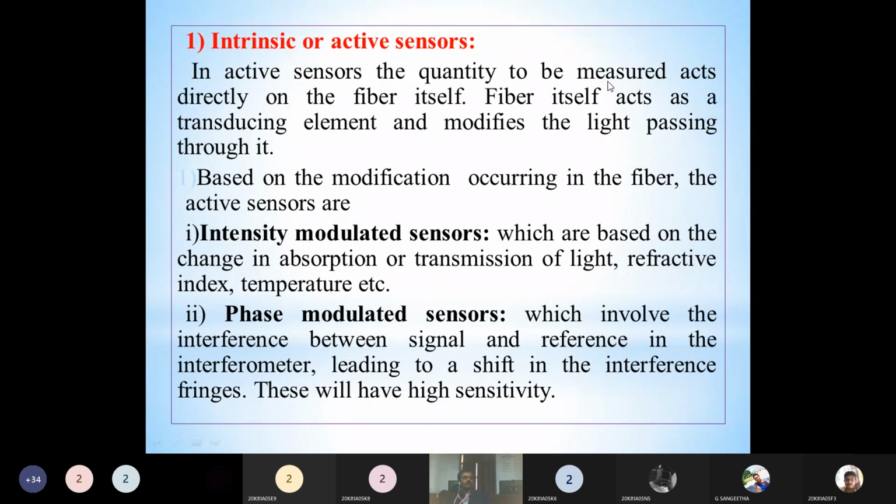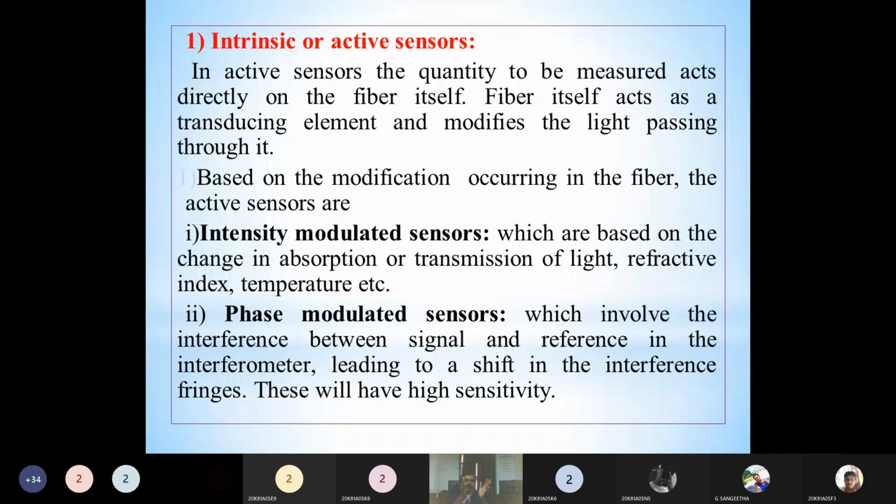The fiber itself acts as a transducing element and modifies the light passing through it inside the fiber. That means the sensor used as an active sensor is directly the optical fiber acting as the sensor.